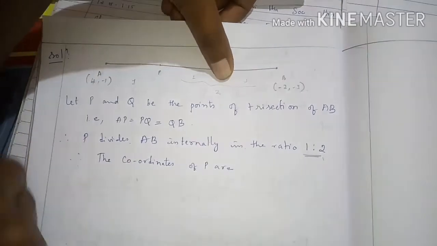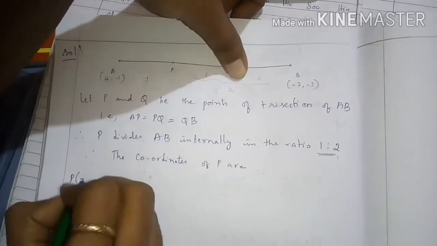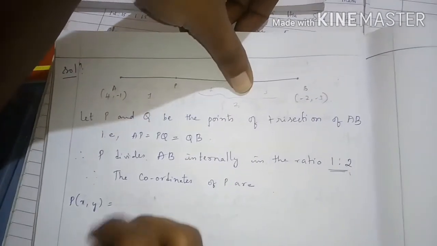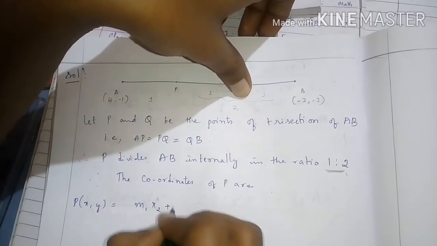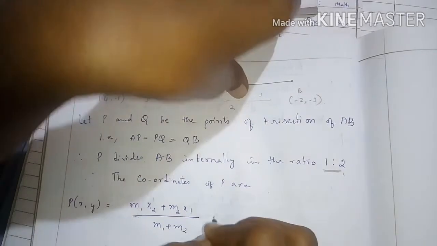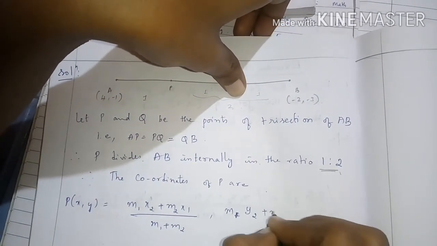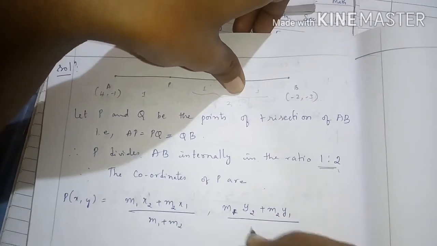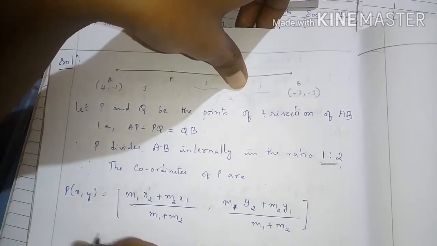Okay, consider the coordinates of P, that is P of x comma y is equal to, we know the section formula: (m1 x2 plus m2 x1) divided by (m1 plus m2), comma, (m1 y2 plus m2 y1) divided by (m1 plus m2). Okay, put a bracket for this.